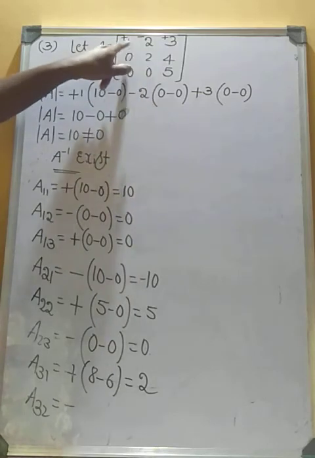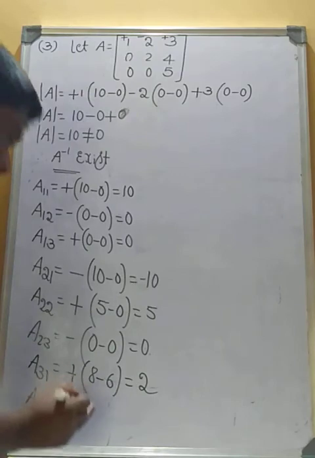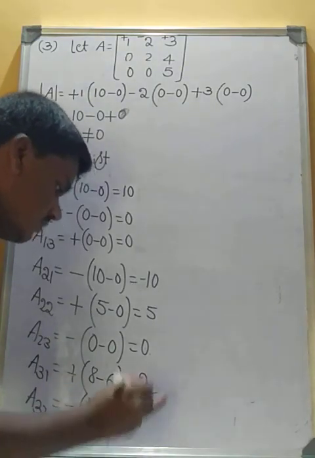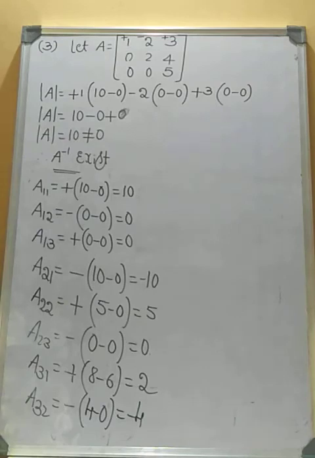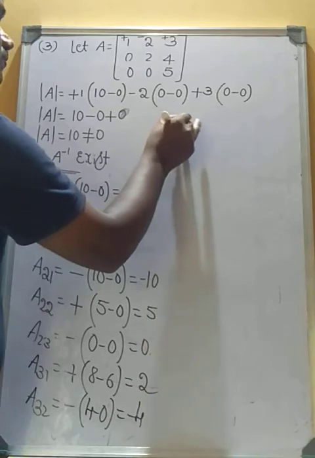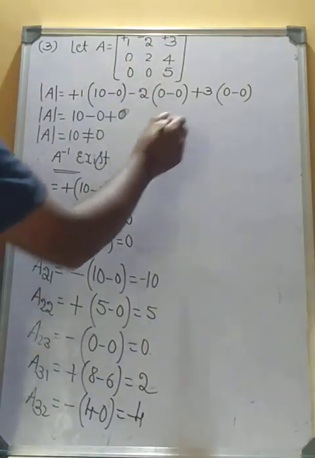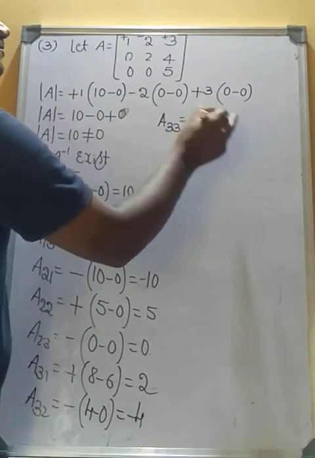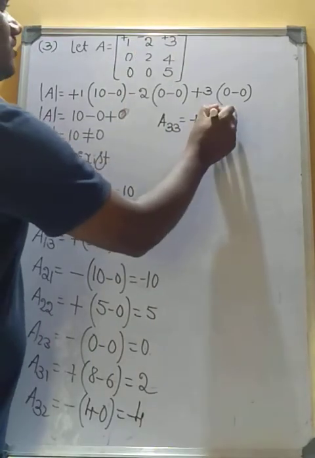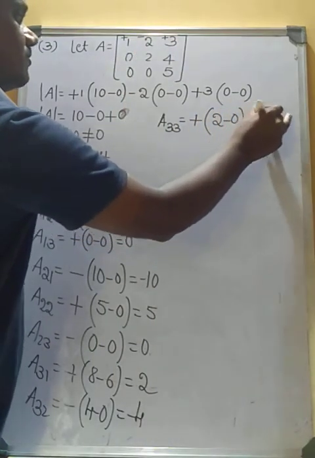Third row, second column: 1 3, 0 4. 1 4s are 4 minus 0, which is equal to minus 4. The next is A33, the cofactor of the element 5. Take sign plus. Third row, third column: 1 2, 0 2. 1 2 are 2 minus 0 2 are 0, which is equal to 2.